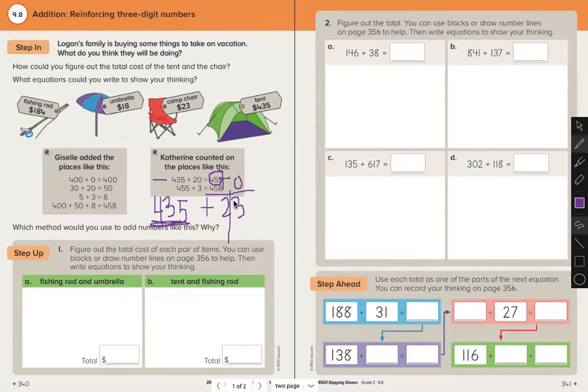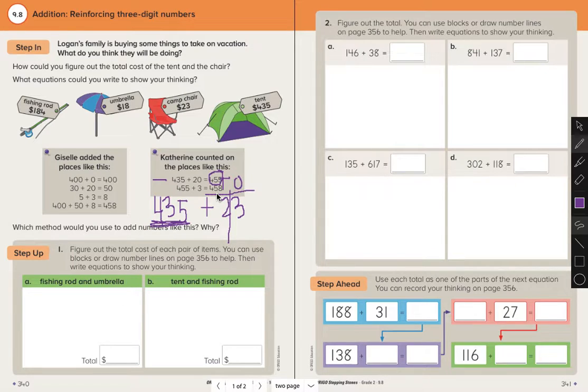And then she added her ones, but it's so important that you add your ones to the total that you got after you added your tens, right? That will give you the right answer. Picture it on a number line. If you were on a number line, you wouldn't add your ones to the original number, right? You would add your ones to wherever you left off, which is 455. So 455 plus 3 gives us 458.